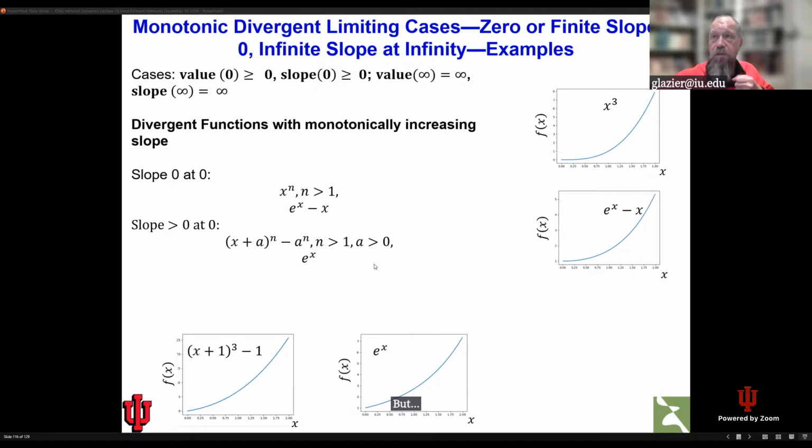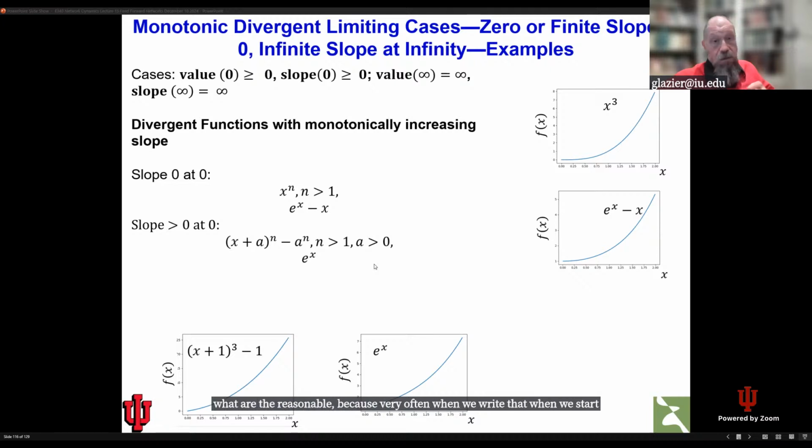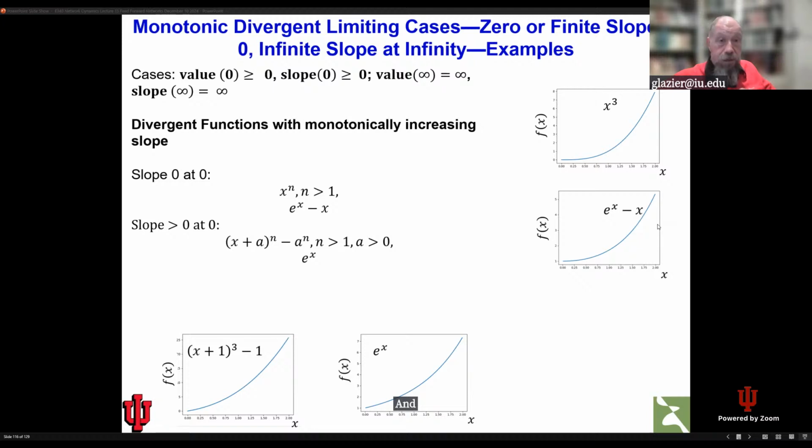Again, I don't have time to go over all these details, but I think it's worth thinking about what is reasonable, because very often when we start doing biology and physics, we believe that we have actual exact mathematical relationships. In biology, everything is phenomenological, and usually they're not measured very well. And so, if we want to write a rate law, our first approach may be that we have no idea what the rate law should be.